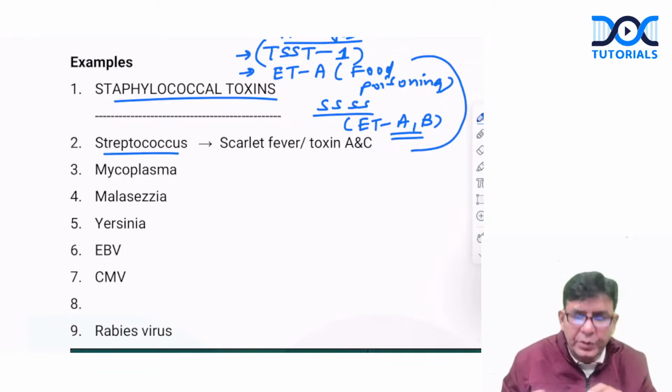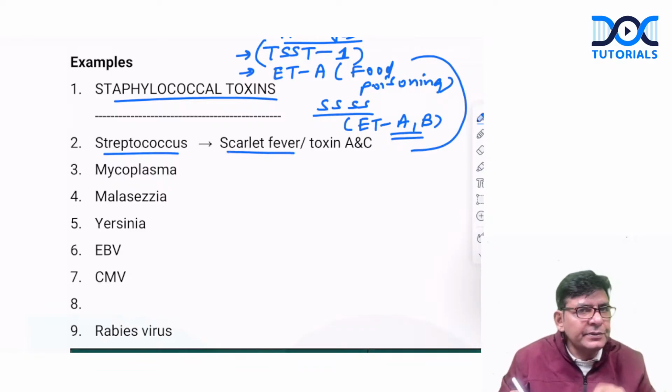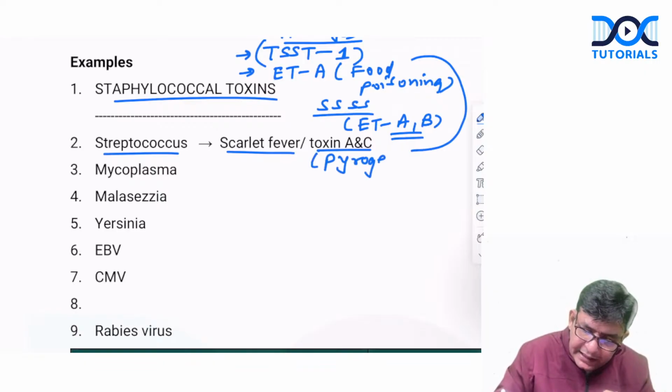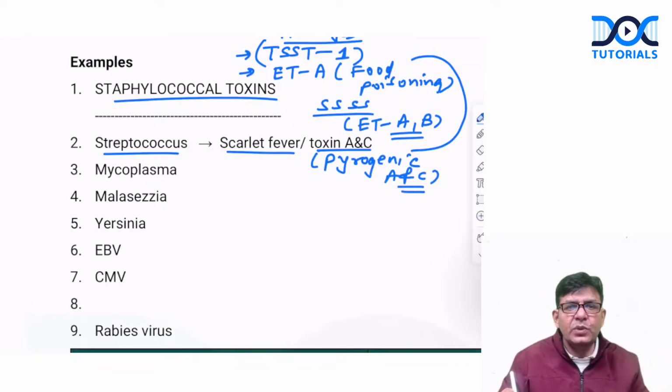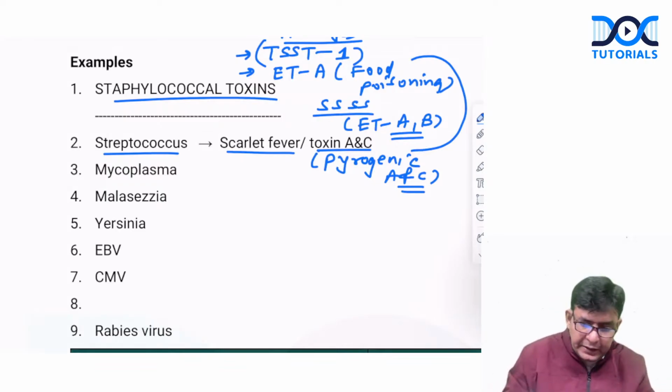Then you have the streptococcus, the one which causes scarlet fever, with the pyrogenic toxin A and C. That is the one associated with streptococcus, and it causes superantigenicity, inducing more than 20% T lymphocyte activation, and thereby leads to massive lymphokine release.